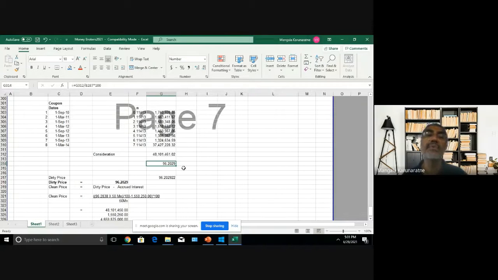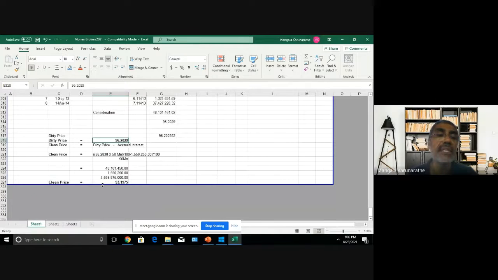Usually we give the price to 4 decimals. I divided this by 50 million and multiplied by 100, because I wanted the bond price for 100 face value. So you get the dirty price 96.2029, and then here we have this accrued interest adjustment, and we get the clean price.